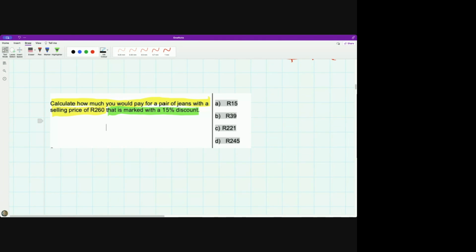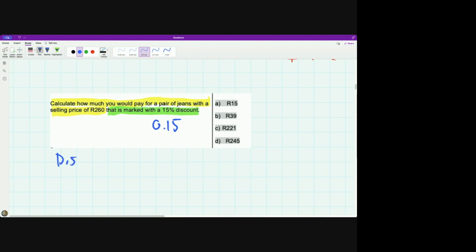Choose an option here. Remember that 15% can be written as 0.15.